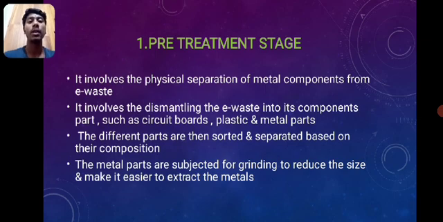The different parts are then sorted and separated based on their composition. The metal parts are subjected to grinding to reduce the size and make it easier to extract the materials.